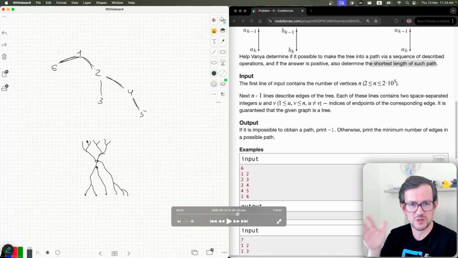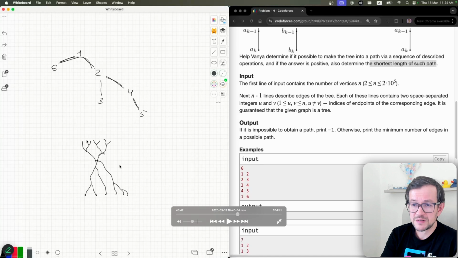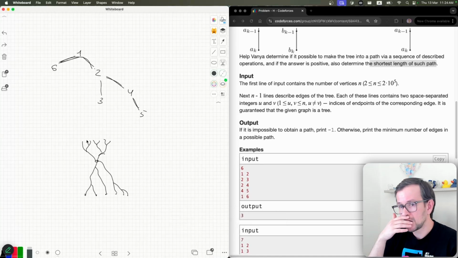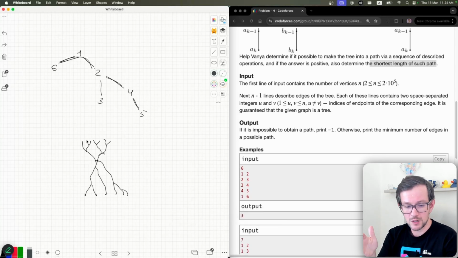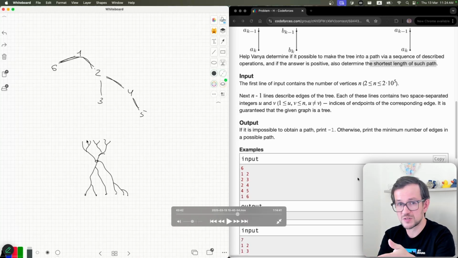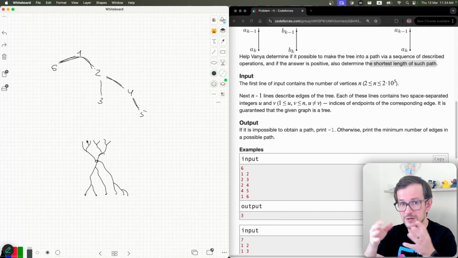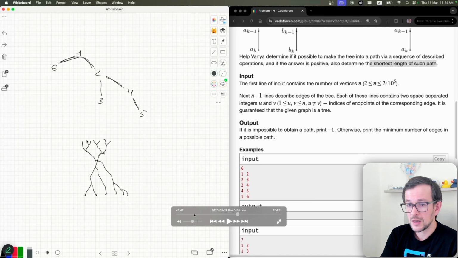I'm not sure which point is this middle point, but I see how the problem looks like. So I just try and do something and see. If the answer is positive, if it's possible to compress the whole tree into a single path, I see how the tree should look. So if it's possible to compress all these paths into one, then all these leaves should belong to the same level in some sense.